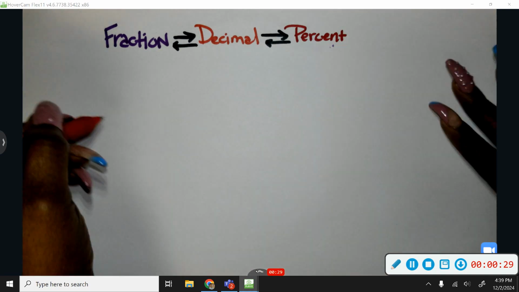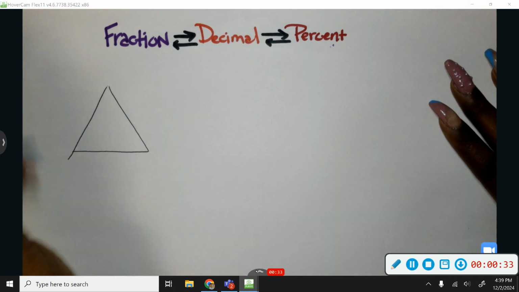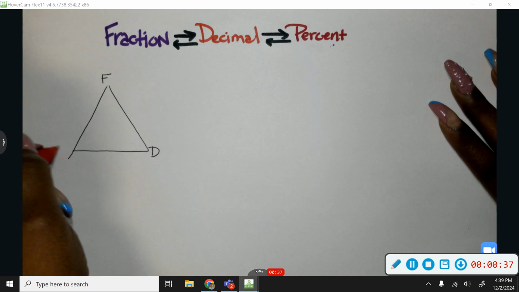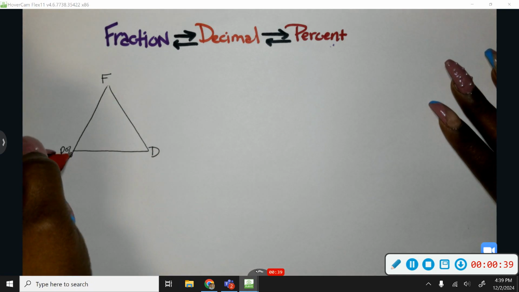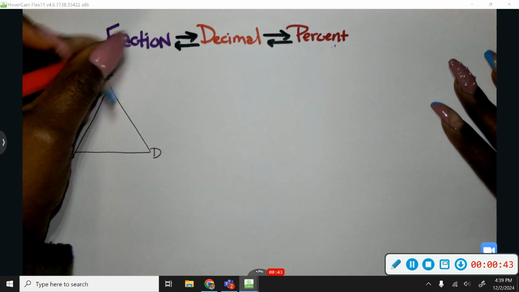So I'll just make me a little chart. So we have my fraction, we have my decimal, and then we have my percent. So in this case, in order to turn a fraction into a decimal, I would just divide.